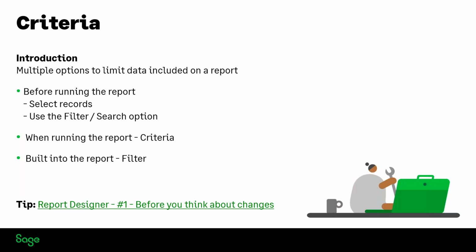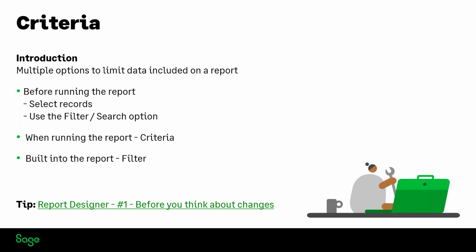So it's a good way of, maybe almost as a one-off, filtering the information that gets included. Now, going beyond that, where you've got much more of a common report, you might want to have a filter, but actually you want to change it there and then. And this is where you've got criteria, potentially also filters.